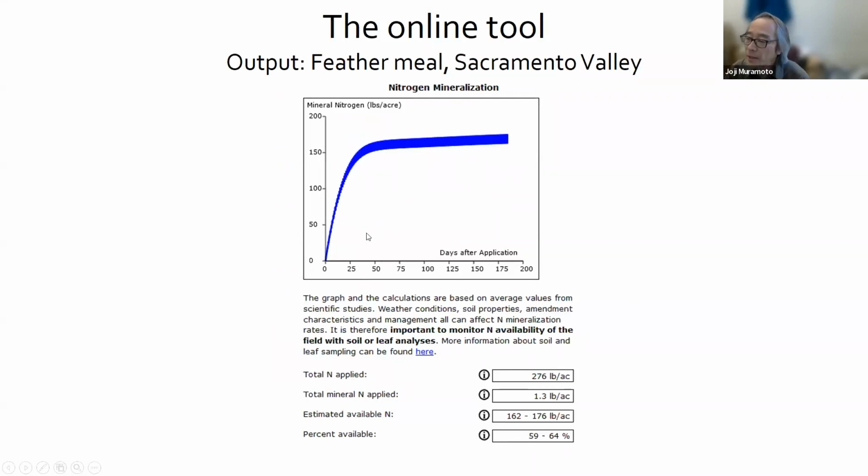You can read that after 50 days, you're going to have 150 pounds of available mineral nitrogen. But the important thing is this doesn't take into account the residual nitrogen in the soil. So it's always good to test soil inorganic nitrogen content before using this kind of tool.